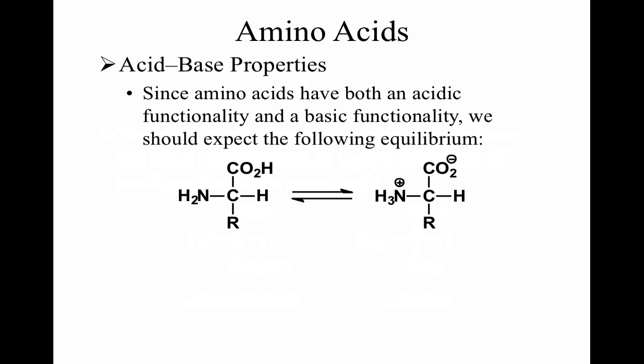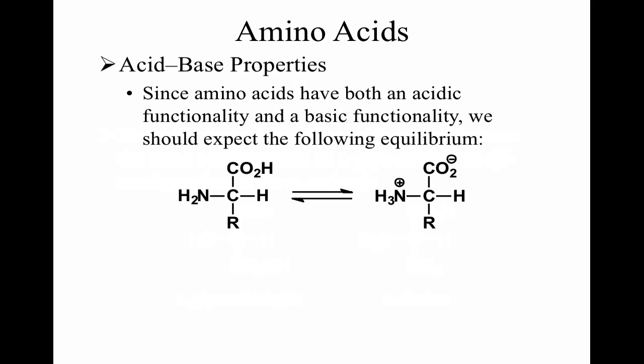Acid-base properties of amino acids, we've talked about this. If we take an amino acid and place it in water, we are not going to have it look like this, right? Because we have a carboxylic acid which has a pKa of around where? Yeah, 4, probably a little high for these, but it's below 7, right?